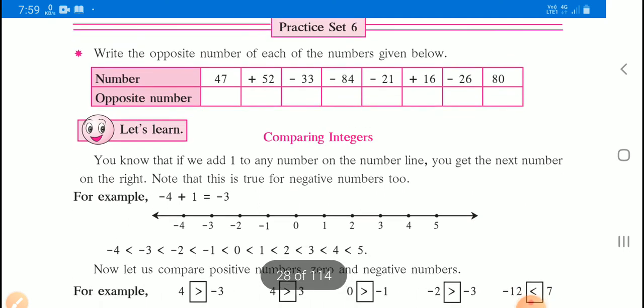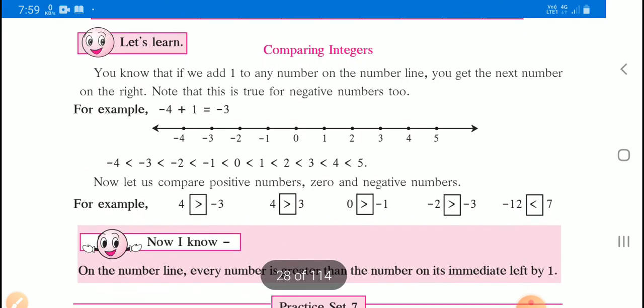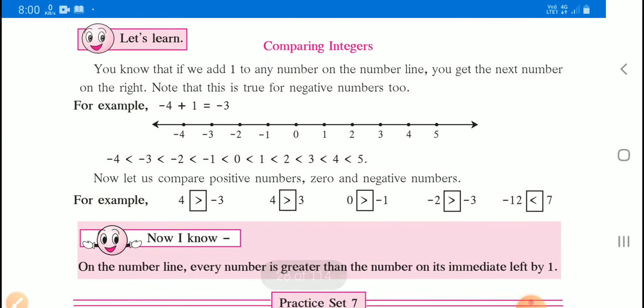Now, we will see one more point, that is comparing integers. You know that if we add 1 to any number on the number line, you get the next number on the right. Note that this is true for negative numbers too.